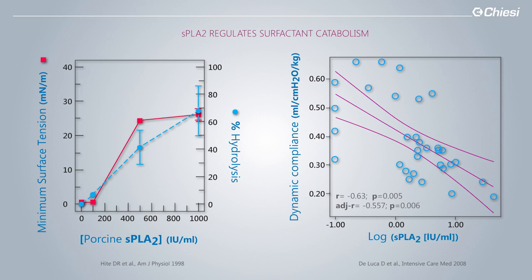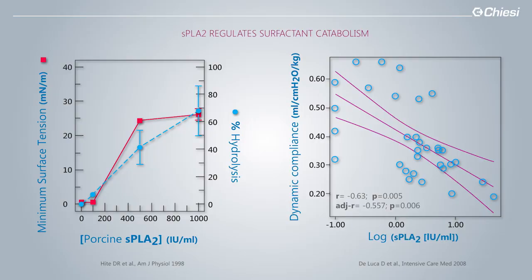How stiff the lung is means basically how much FRC, how much functional residual capacity you have, which means how much active surfactant you're going to have there. So dynamic compliance is a proxy for the amount of active surfactant. So you see, there is an inverse correlation between dynamic compliance and phospholipase A2 activity. So again, even in human neonates, phospholipase A2 is able to destroy surfactant, impacting dynamic compliance and so lung function.